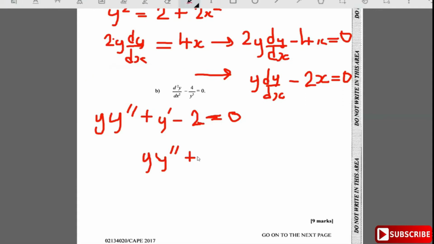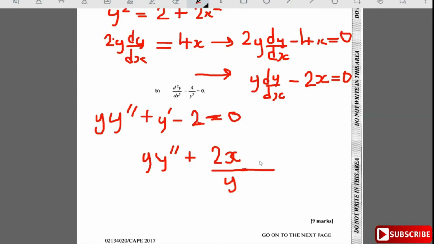So we're going to put it here where y prime is 2x over y. And then we have minus 2. So instead of writing minus 2, I'm going to join it and write minus 2y, and this is equal to 0. I'm then going to divide through by y.